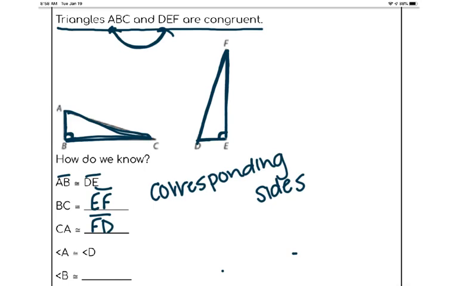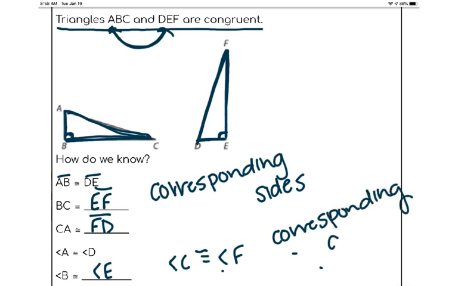Angle B is congruent to angle E. And last, we have the angle that is not mentioned: angle C is congruent to angle F. Those are all the corresponding angles.